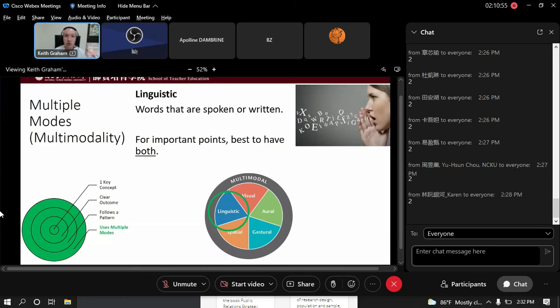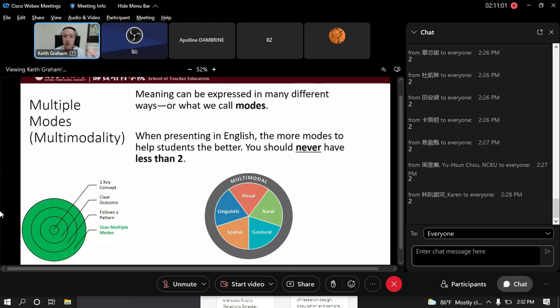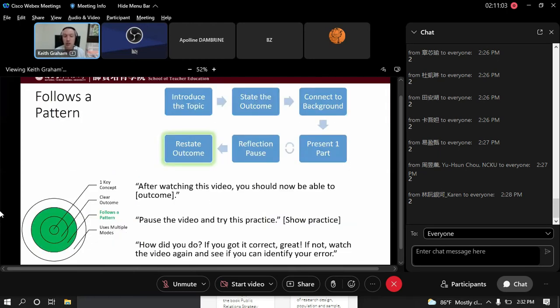Sometimes it may be helpful for you to provide like sentence stems or sentence parts. I've done this earlier today, like here. After watching this video, you should now be able to, and then you fill something in. Sometimes it's helpful for students that are trying to practice speaking to have a template.